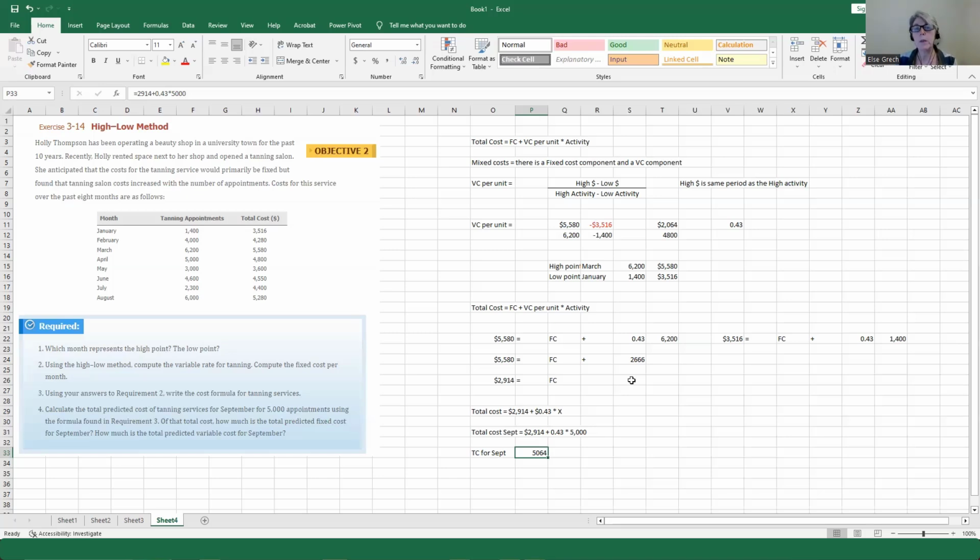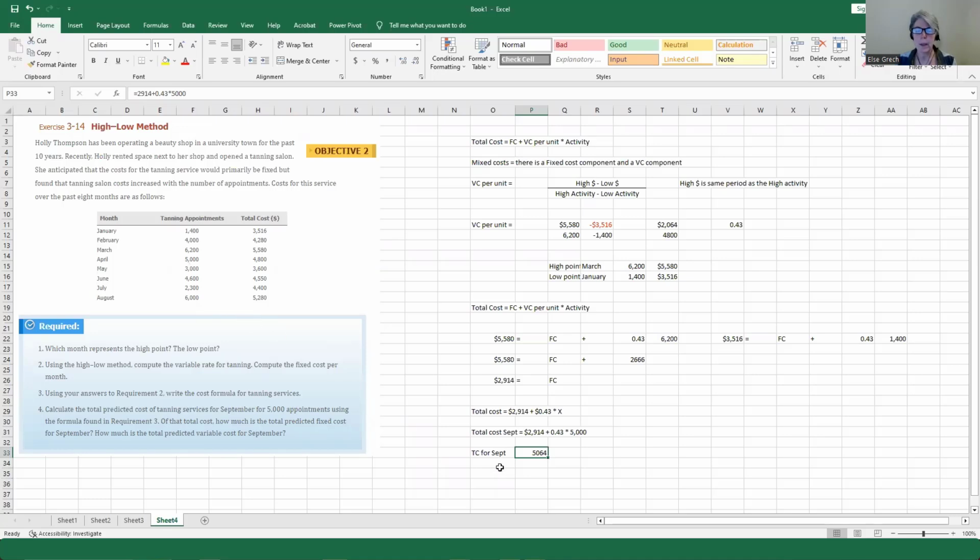This is simply a prediction. It doesn't mean that it's going to be exact. There is no exact in prediction. This is an estimate. Because we didn't use the 5,000 in our calculation when we were determining a formula, because it wasn't the high and it wasn't the low, we ignored it, right? So again, this is a prediction.